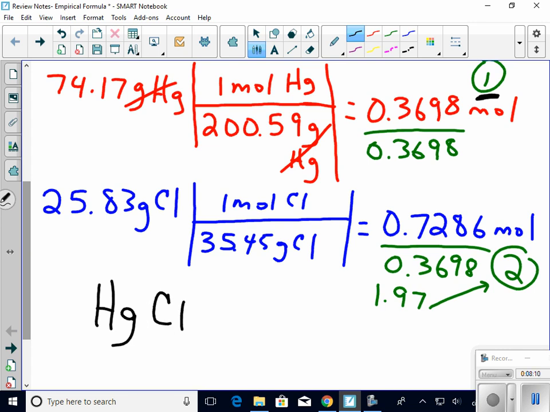Cl, how many chlorines? 2. So what mercury am I dealing with here if I were naming that? Because mercury is multivalent, which one would this be? Mercury 2. So this would be mercury 2 chloride for my empirical formula.